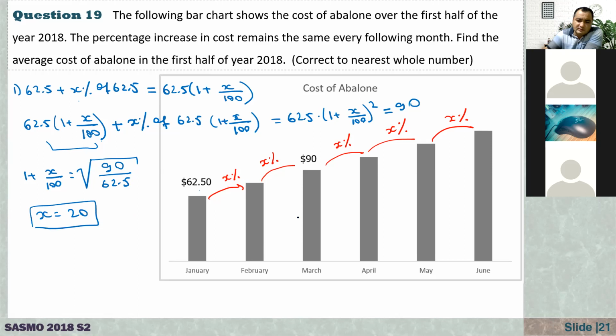Okay, how do we do that? Let me duplicate and erase this, because I need more space.